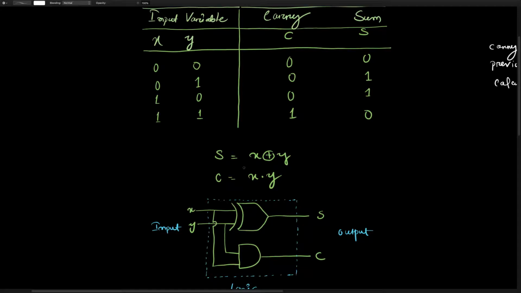So I can directly say that the summation is an XOR gate, the XOR of the two inputs x and y, and the carry is the AND operation of these two inputs.